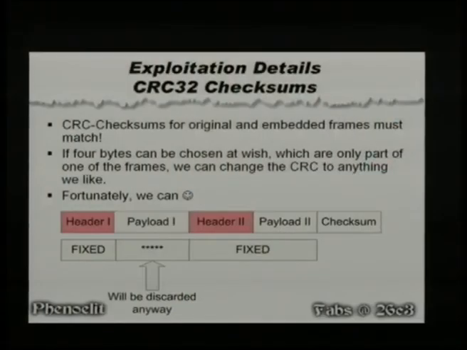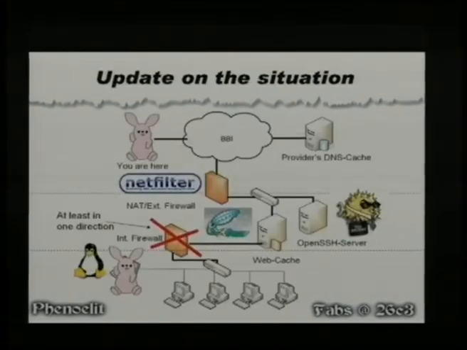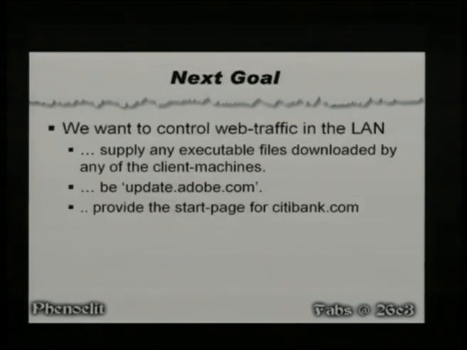So this is not really a problem. It's not MD5, it's CRC32. There are limitations. Default MTU, it does not work, but for all other MTUs, it does work. So, now we've bypassed the firewall, at least in one direction. And now we can go and attack Squid.